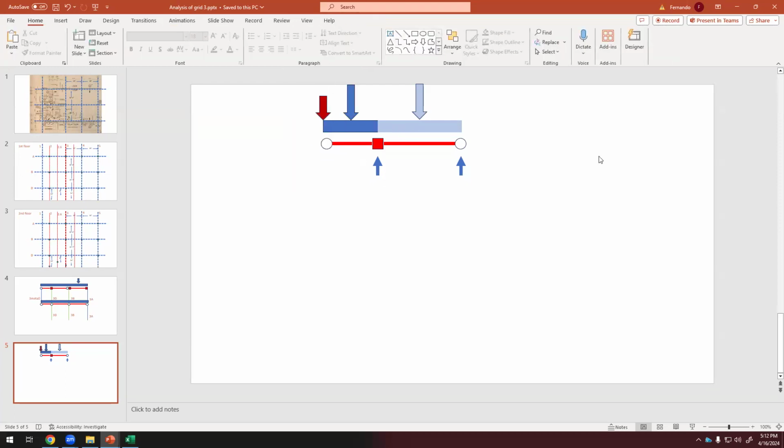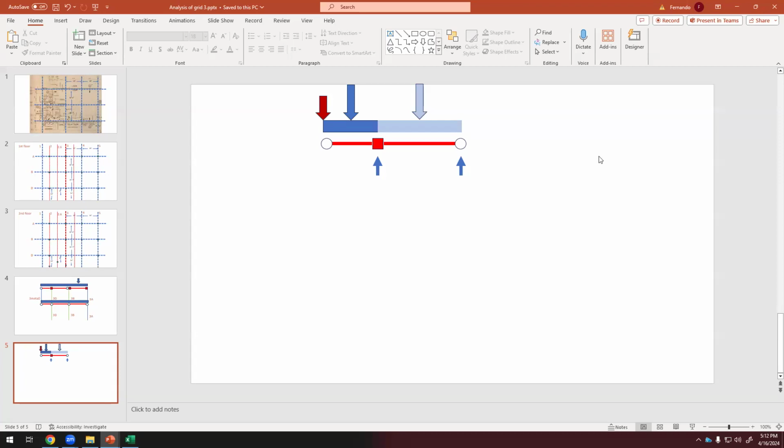What do I want to say in this? The uniformly distributed load is the same, but the dark blue has a dark blue resultant, and the light blue has a light blue resultant. This one is the weight, the uniformly distributed load, W times L1, and this one is the weight times L2.